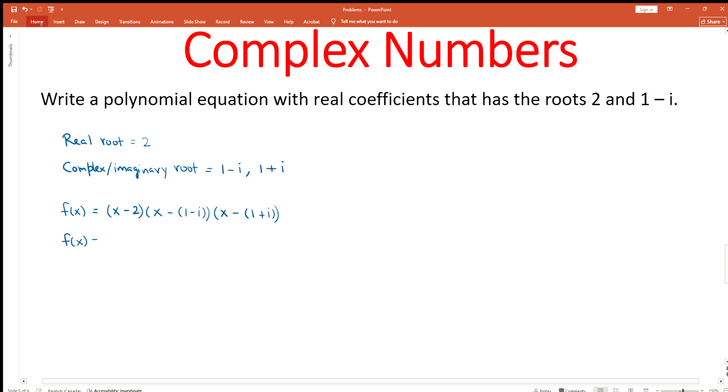The first step is to get rid of the inner parentheses. We should distribute the negative sign into the inner parentheses. I get (x minus 1 plus i) times (x minus 1 minus i). Next, we can distribute the terms in the second and the third parentheses.